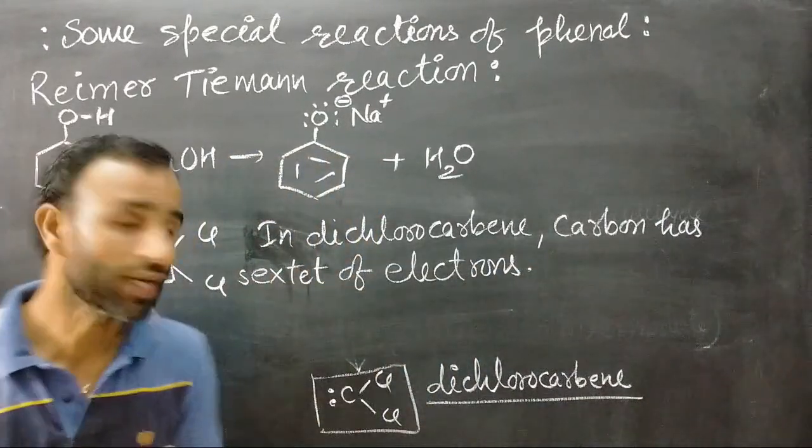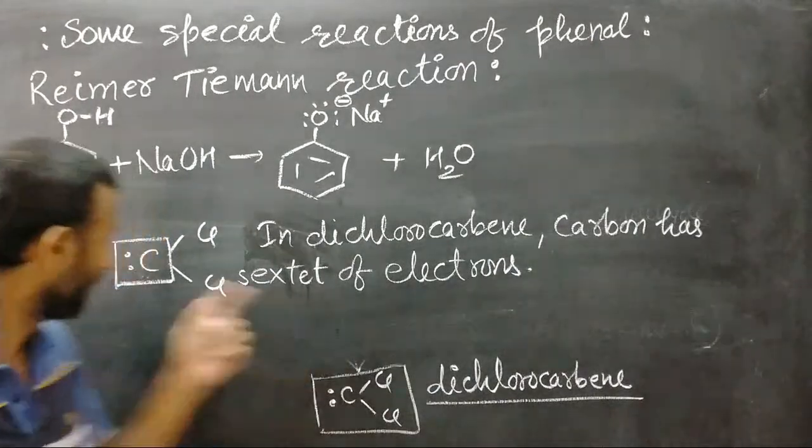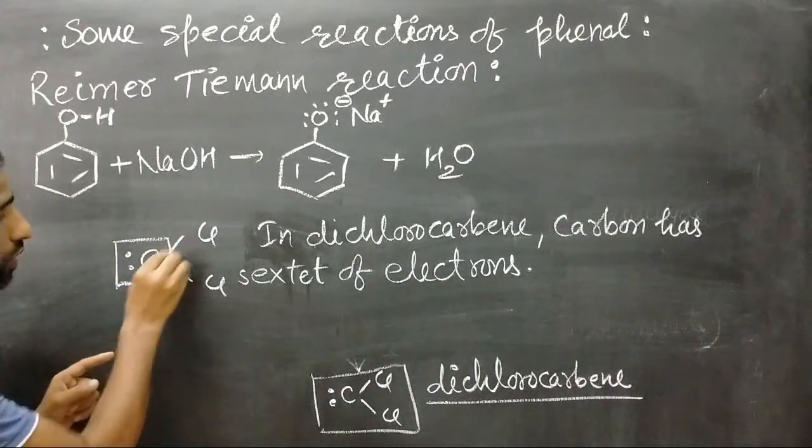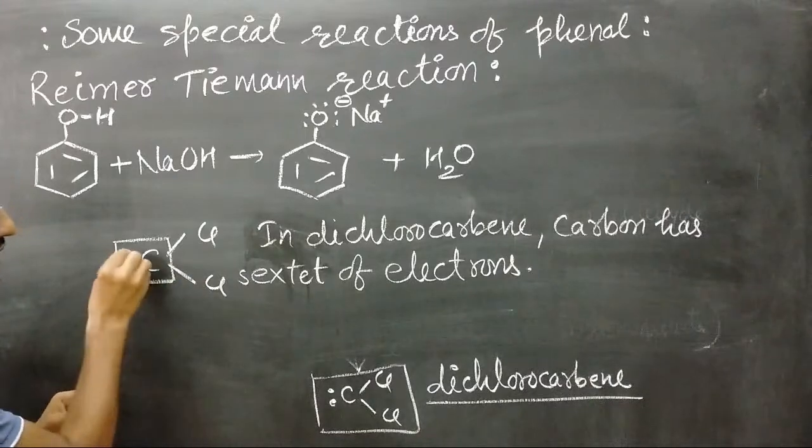It has 6 electrons, 2 from this C-Cl, 2 from this C-Cl, and 2 from this.